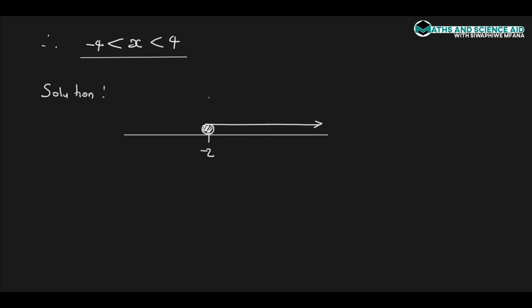Now we need to present the solution of the second inequality. So for the second inequality, we have got negative 4, and we have got positive 4. For this one, our inequality is between negative 4 and positive 4.